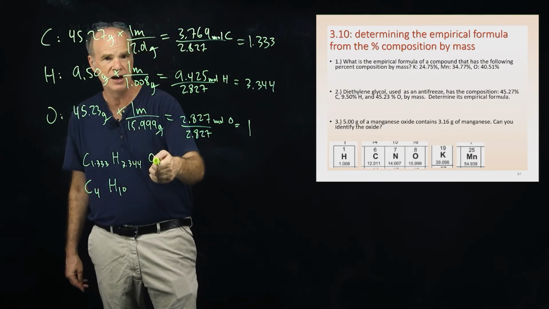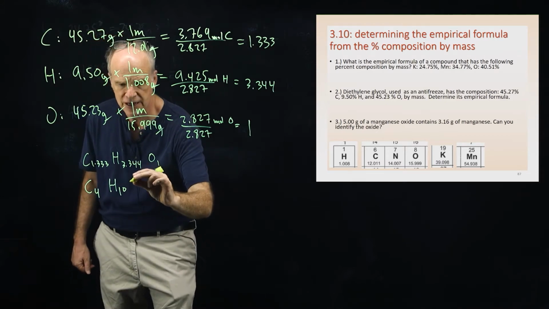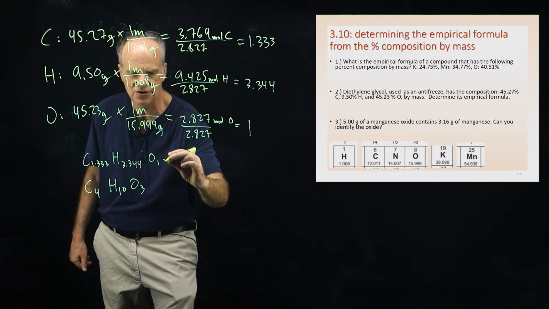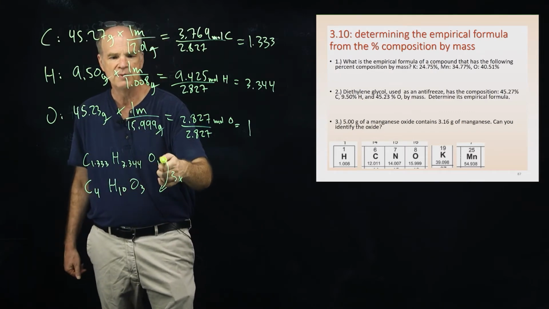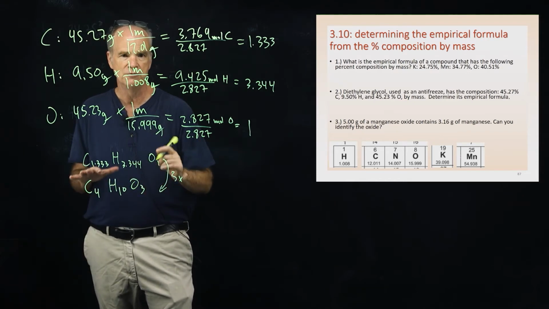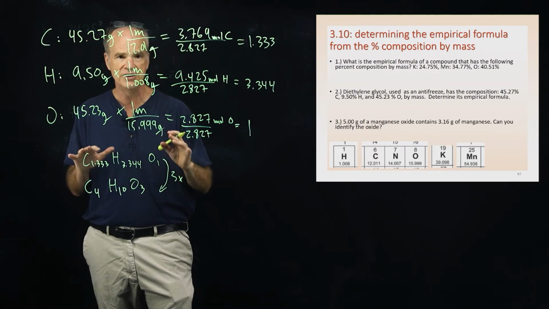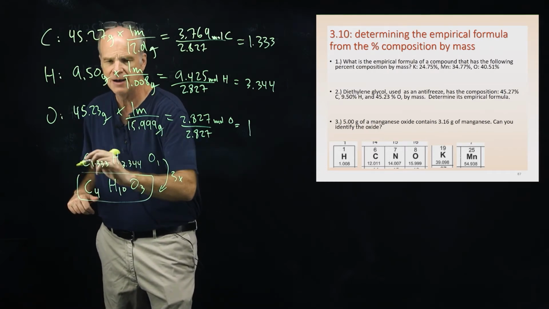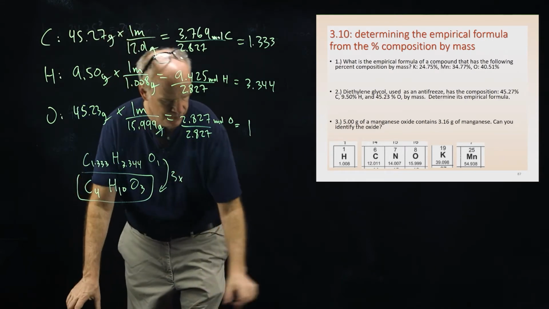If you multiply the 1 subscript of oxygen by 3, that's going to be 3. So just by multiplying the numbers in the mole ratio by 3, we were able to come up with integral or very near integral values. And so once you've done that, you are done. This is a suitable empirical formula. So the empirical formula for this compound is C4H10O3. Okay, let's move on.